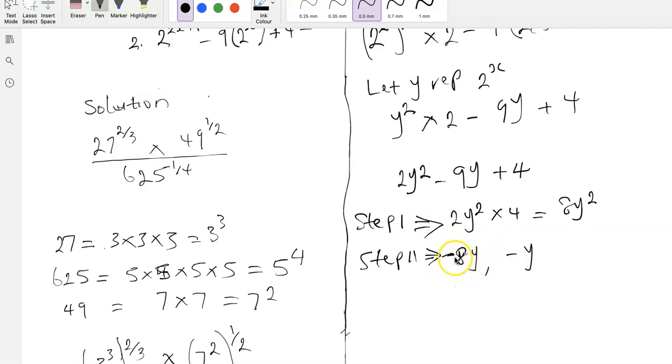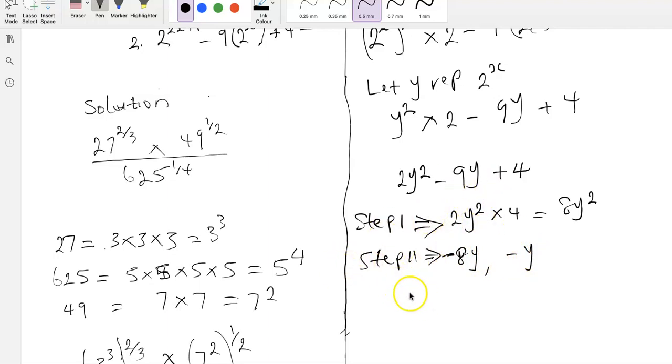If you multiply 8y times y, it's going to give you plus 8y squared. And when you add them, minus 8 minus 1 is going to give you minus 9. So let's go ahead and put that in the question.